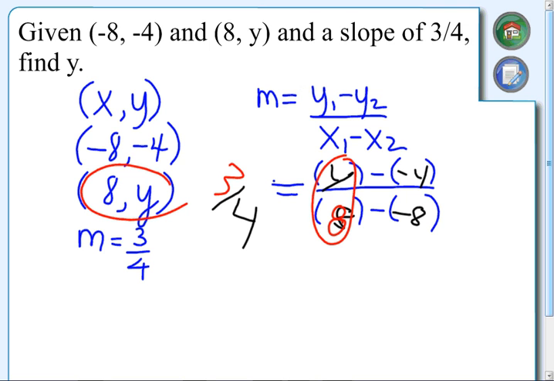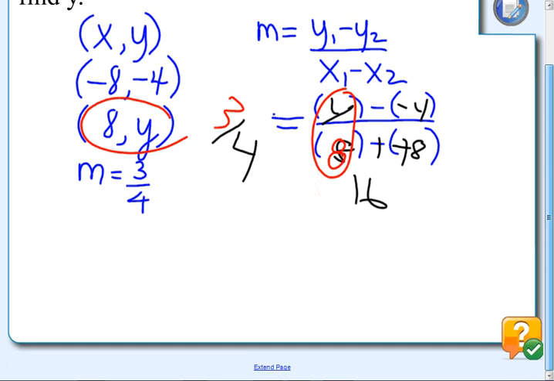Okay, so simplify the right side. So 3/4 equals, guys, we got to start to learn to be a little better in our process because next year is going to be harder. Y plus 4.